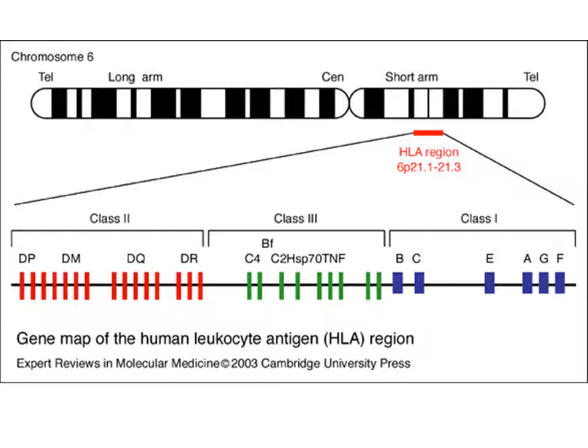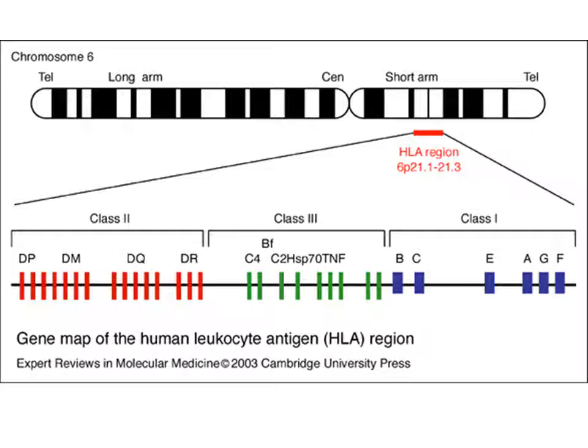Now, basic genetics. This is chromosome 6, and this is a gene map of human leukocyte antigen. MHC was initially found in mice, but the same thing in humans is called human leukocyte antigen, though the word is used for both.